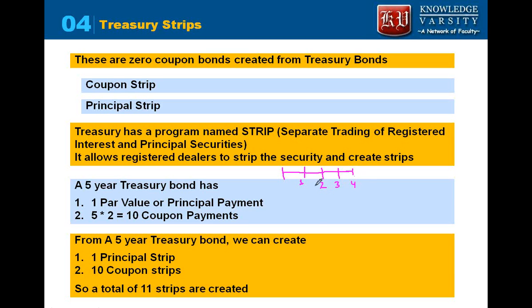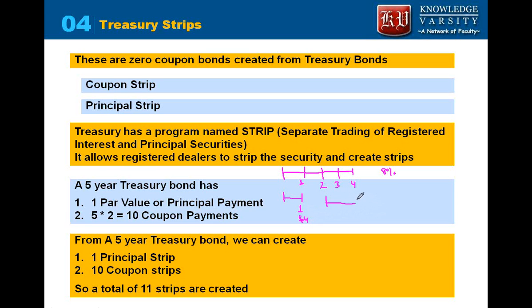So what is done is it is stripped and 4 bonds are created. In fact, 5 bonds are created. So the first bond will pay a coupon. Let's say the coupon of this is 8%. The first bond will be paying a coupon of $4. So at the end of 6 months, this becomes a zero coupon bond having a face value of $4.